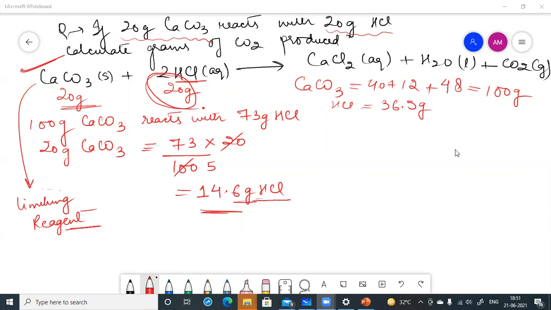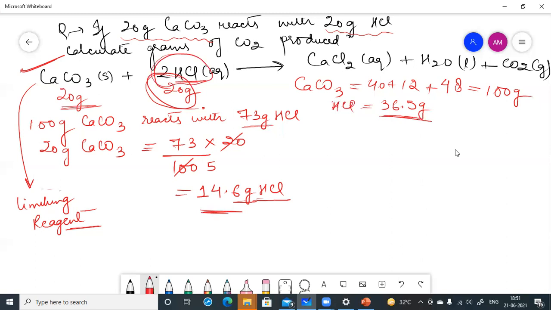Sir, 73 आएगा या फिर 44? Sir, 44. 44 क्यों आएगा बच्चे? यहाँ पर आपके पास 2 moles हैं HCl के, और आपका जो molar mass है HCl का वो 36.5 ग्राम है। तो एक mole HCl का अगर 36.5 ग्राम है तो 2 moles का 73 grams होगा ना, है ना। Okay, sir. So 1 mole of calcium carbonate is reacting with 2 moles of HCl.